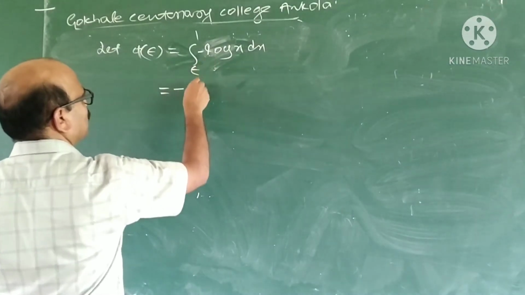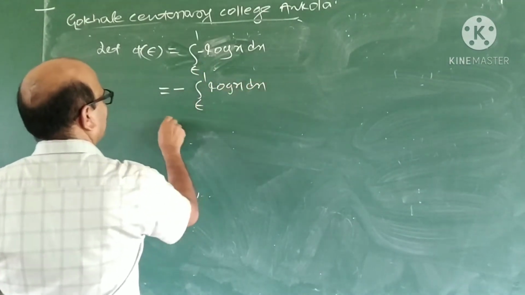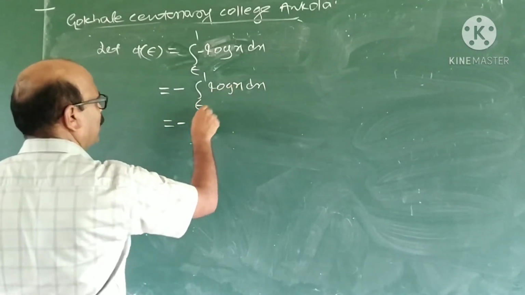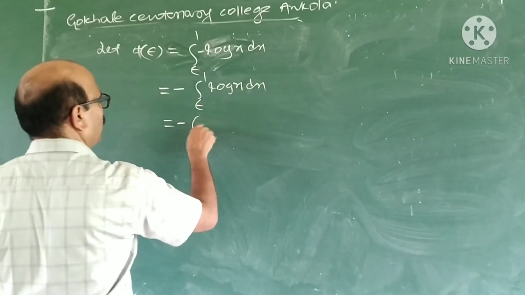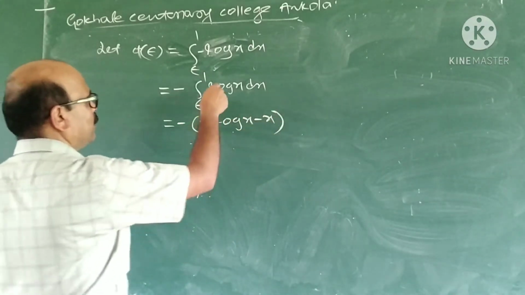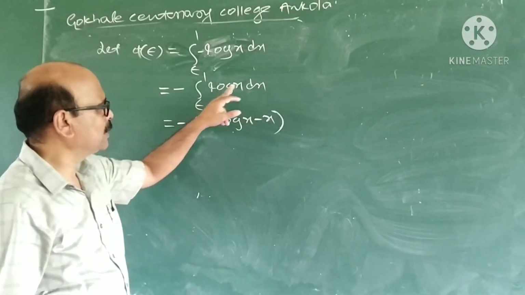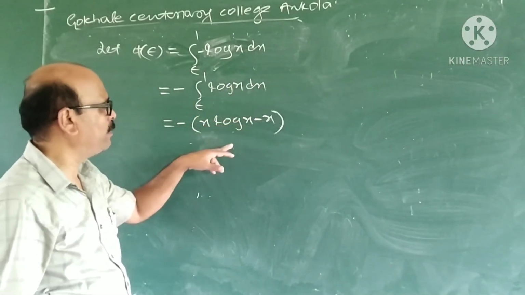It is minus the integral from epsilon to 1 of log x dx. You know the integration of log x is x log x minus x. In some previous problem I explained how to integrate log x: you write log x as log x into 1 and integrate by parts.